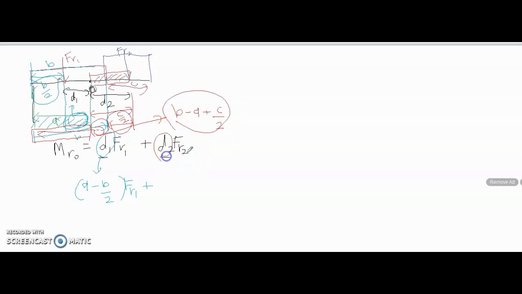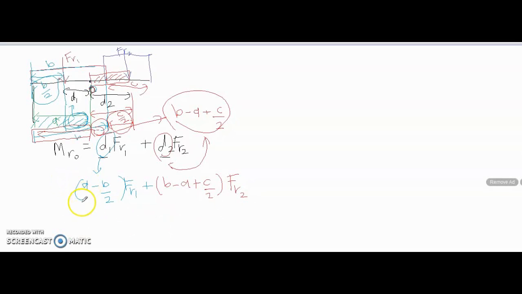So D2 here is equal to B minus A plus C over 2. Multiply with FR2.